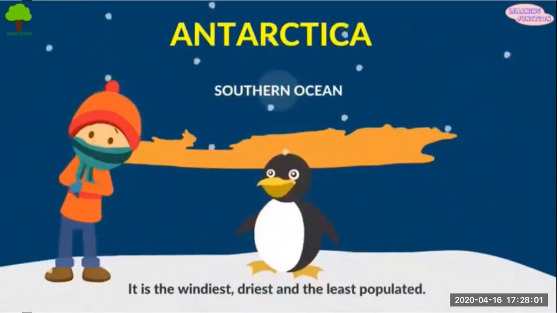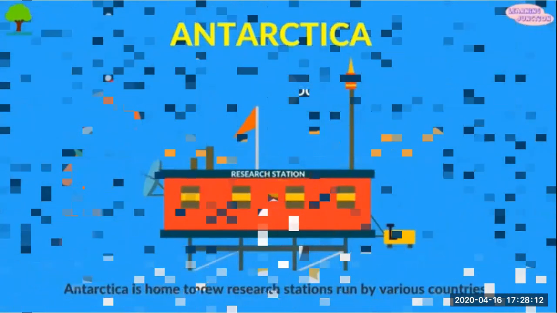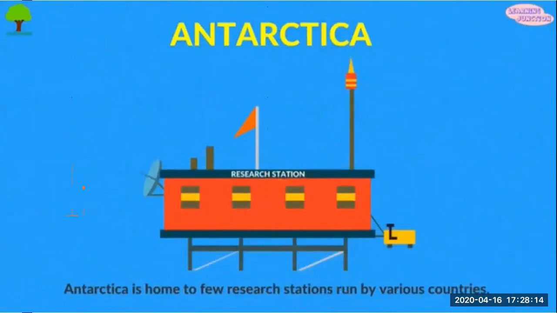Then comes Antarctica. Antarctica is surrounded by the Southern Ocean, and it is the windiest, driest, and least populated on Earth. Antarctica is home to few research stations which are run by various countries across the world.